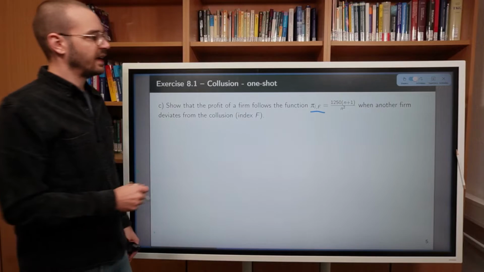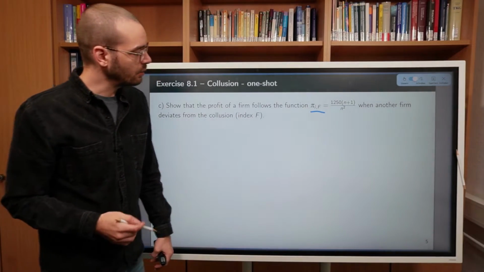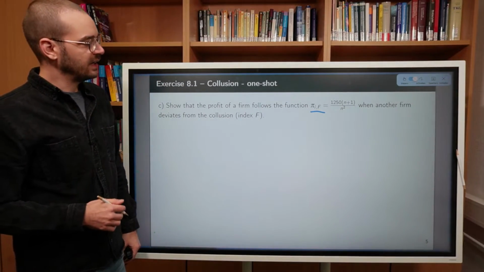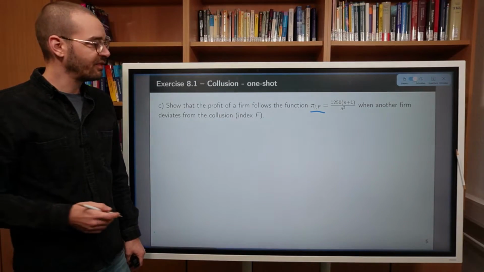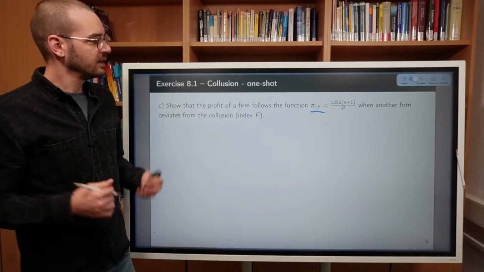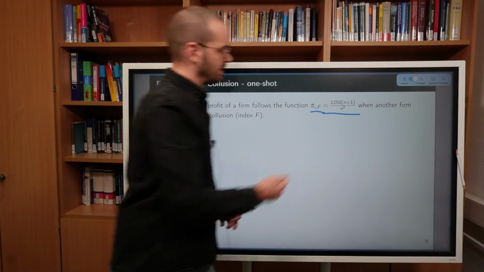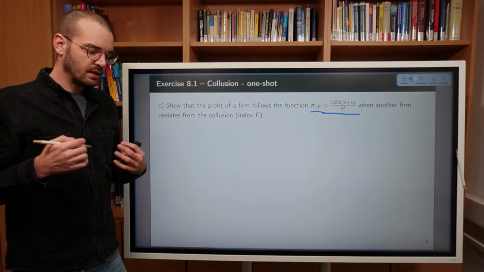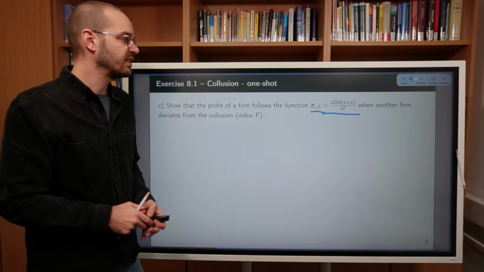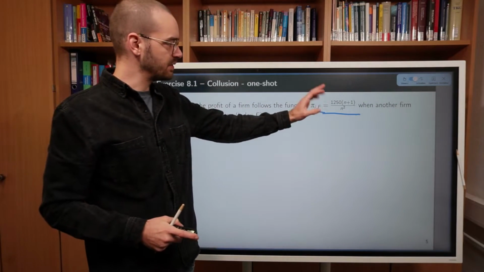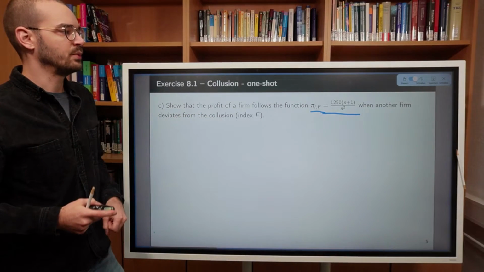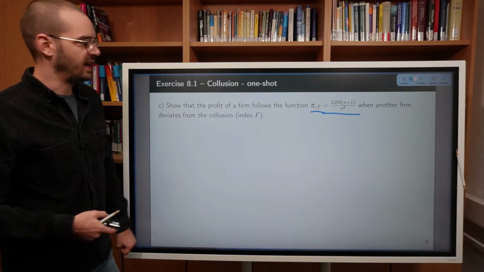All right? And this profit we now denote with an index I, capital F. So we have pi, index I, F, and we want to find out that this individual non-deviating firm's profit reads as a fraction 1250 multiplied with n plus 1, all divided by n squared.